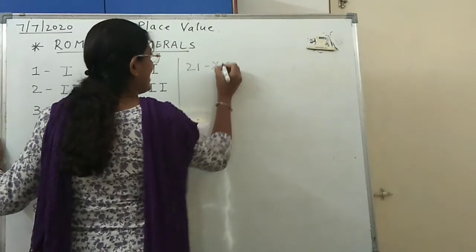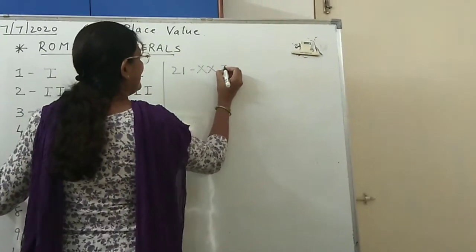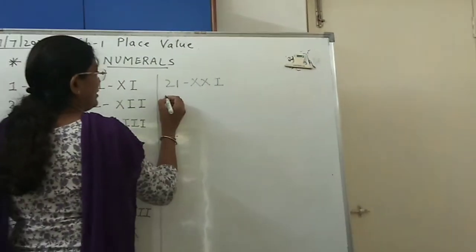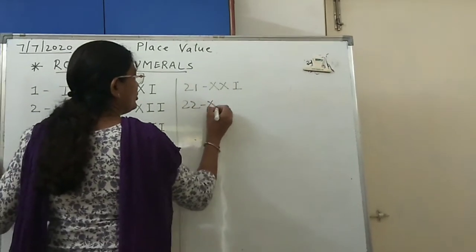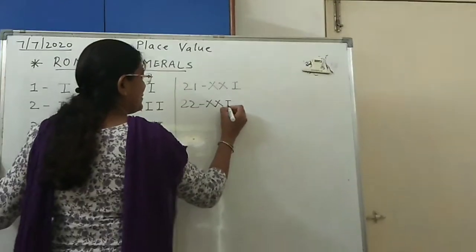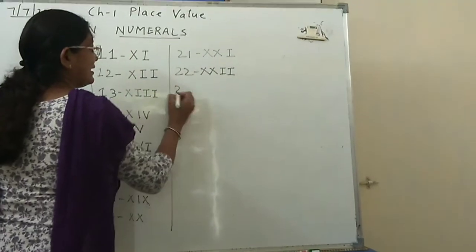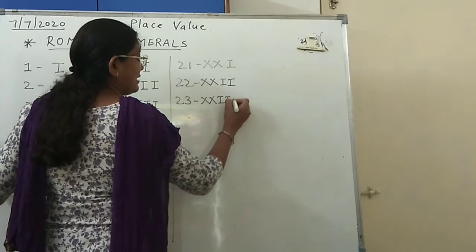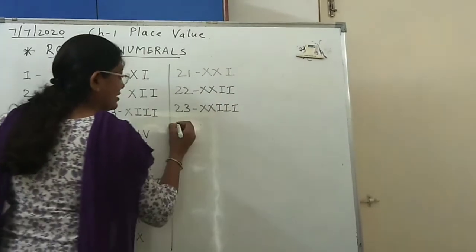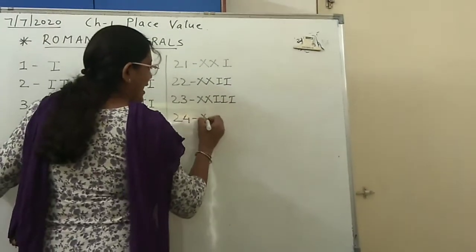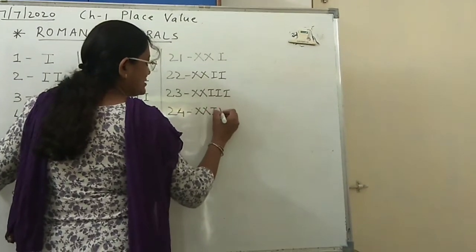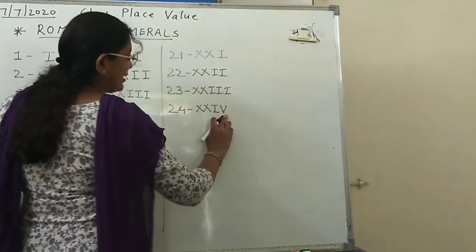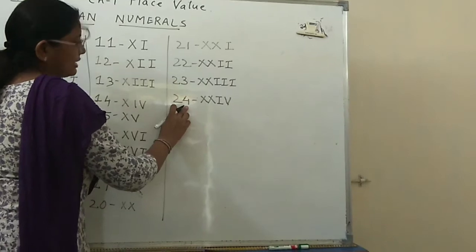21 means 2 times X and I. Then 22. 2 times X, that is 10 plus 10 plus I plus I. 23. X plus X plus I plus I plus I. Right? 24. X plus X plus I plus V. Matlab 4. Right? IV means 4, that we all know now.